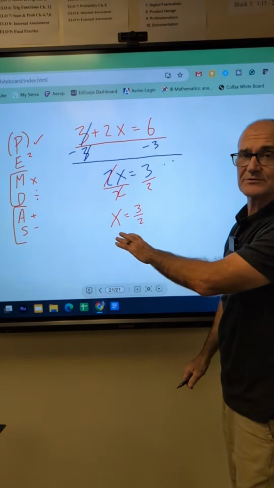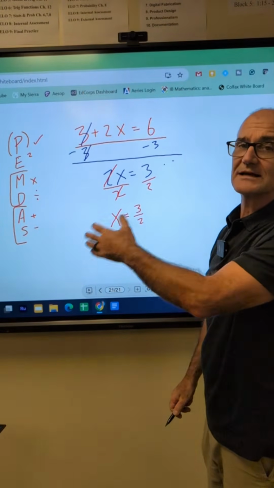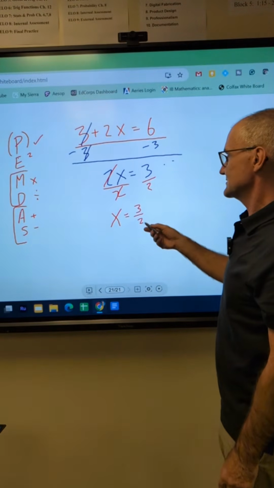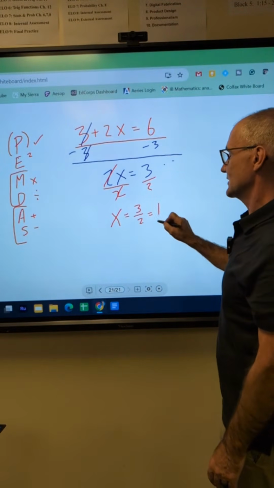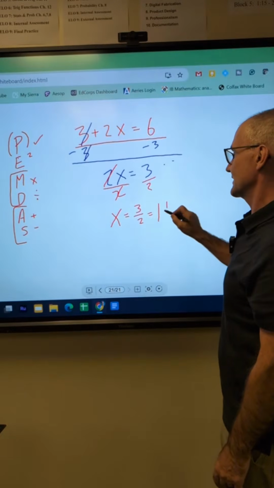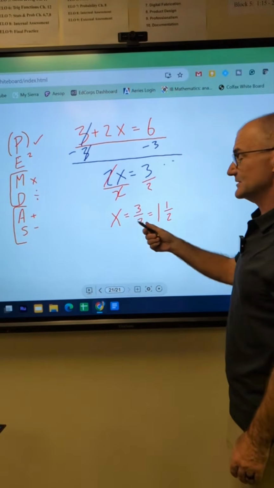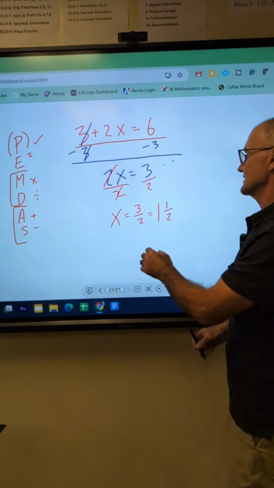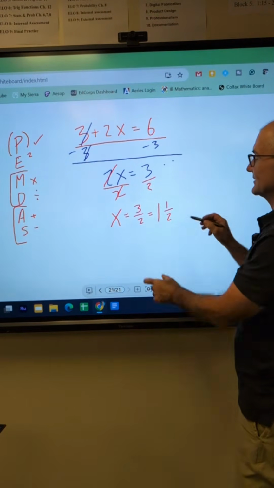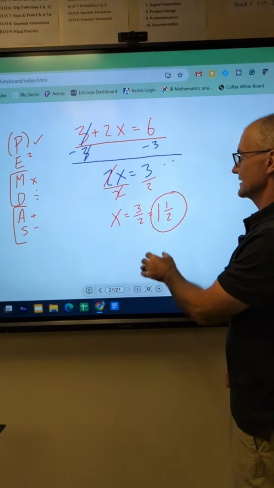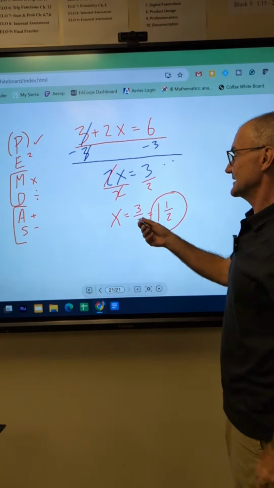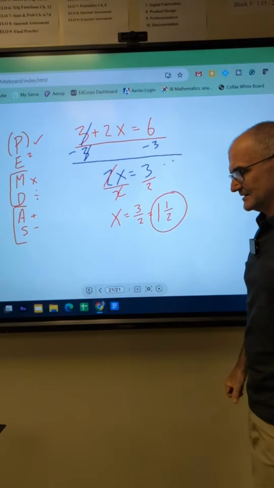That might be one of the multiple choice answers, but more likely it'll be a mixed number. 2 goes into 3 one time with 1 left over. So 3/2 and 1.5 are equivalent. However, this is a mixed number, probably a better multiple choice solution on a multiple choice test. And then that's an improper fraction there.